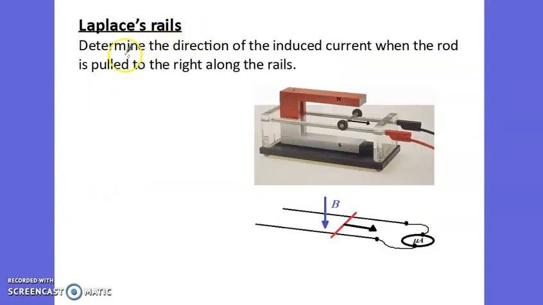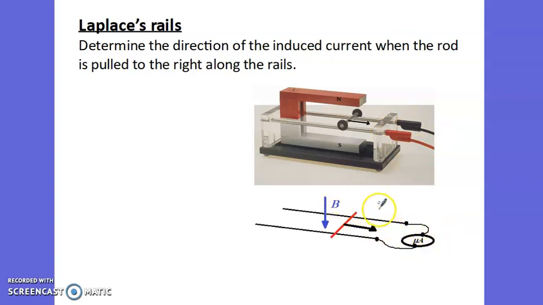Now another application, Laplace's rails. Laplace's rail consists of the 2 rails here. This is rail 1 and this is rail 2. And we have here a copper wire which may slide on the 2 rails. Here we have connected the galvanometer.